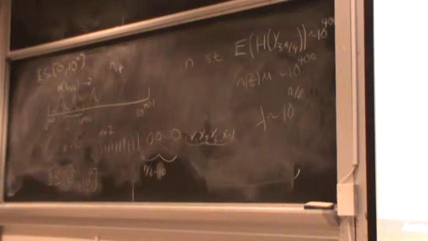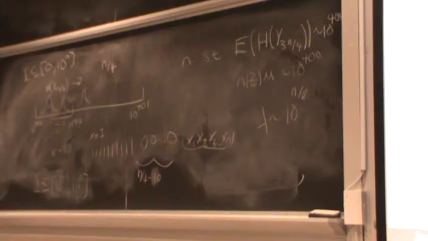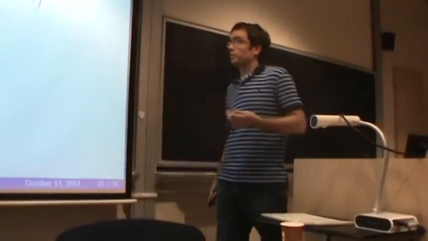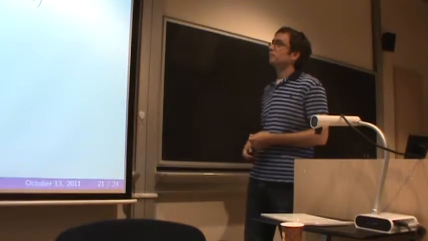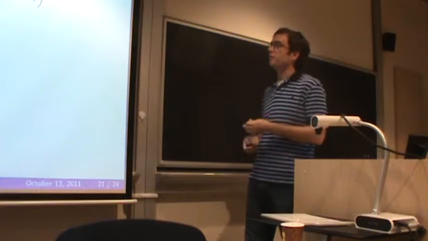I can't pick lambda too big, because as lambda gets bigger, that j in that lemma becomes too big. So I always try to set lambda to be 10 to the n over 8.